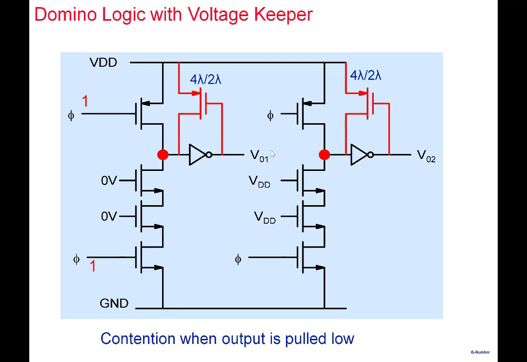But this is a viable way of making a dynamic gate, by adding this inverter, which solves the problem of cascading, and by adding what we call a keeper, a voltage keeper transistor here, which tries to keep the output close to VDD.